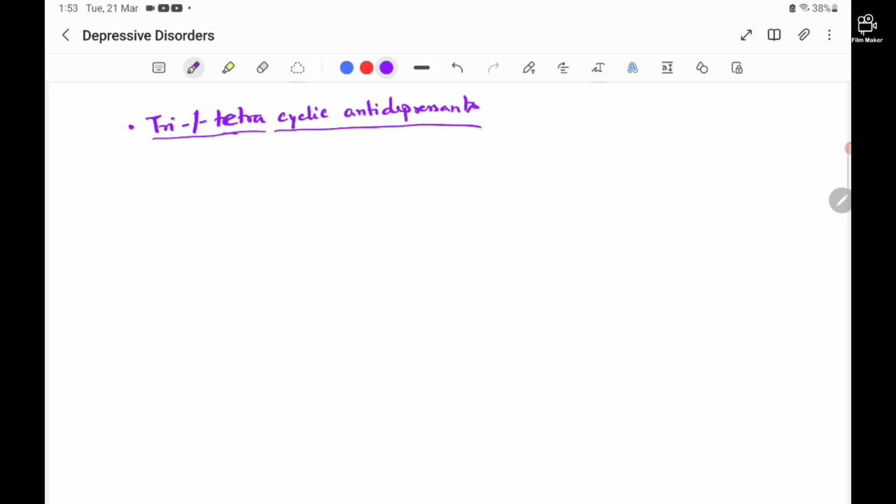Now how this tri and tetracyclic antidepressant works is, the basic mechanism is blocking of serotonin and norepinephrine transporters, and then due to blocking of these, there is an increase in their level in the synapses.